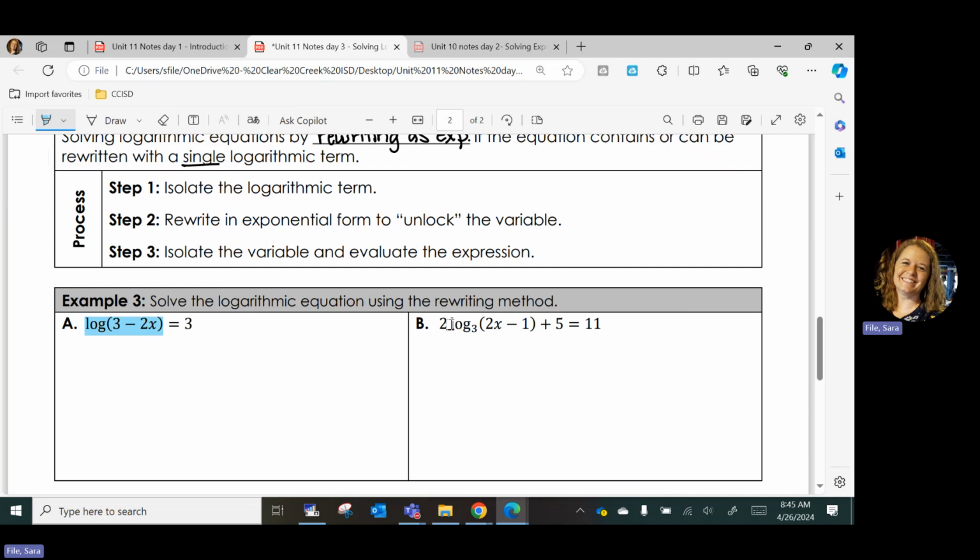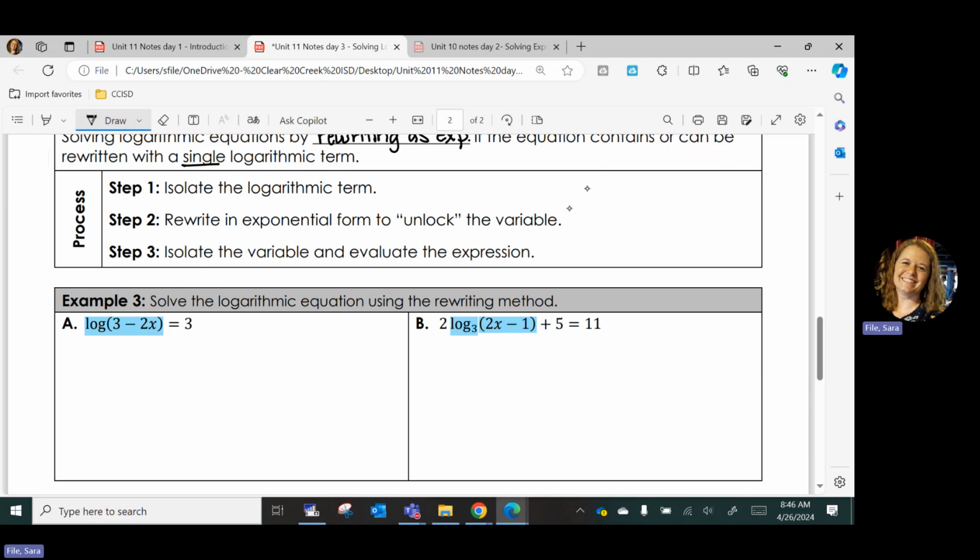Now over here in B, there's going to be a little bit of work to do. There's a 2 and a 5 that are going to have to move for step 1. Now in step 2, instead of rewriting these with the log as the exponent, we can just rewrite the log into exponential form.